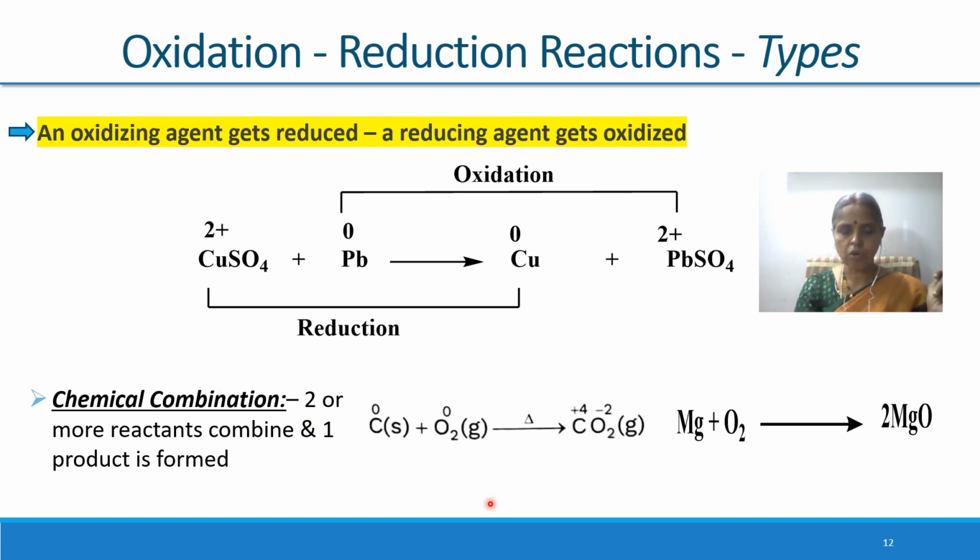C plus O2 gives CO2, combination. Mg plus O2 gives MgO, chemical combination. Magnesium oxide from magnesium and oxygen is chemical combination. Formation of carbon dioxide from carbon and oxygen is chemical combination. Formation of H2S, hydrogen sulfide, from hydrogen and sulfur is chemical combination. So the first type of chemical reaction is chemical combination.